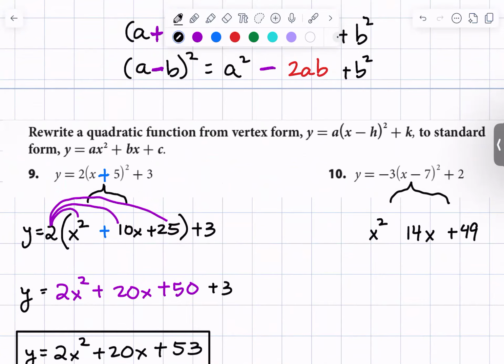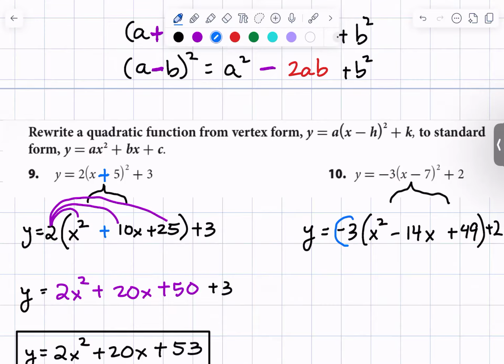Times x is 14x. Since that's a minus, this is also going to be a minus. Okay? Putting everything else down, times -3 equals y plus 2.